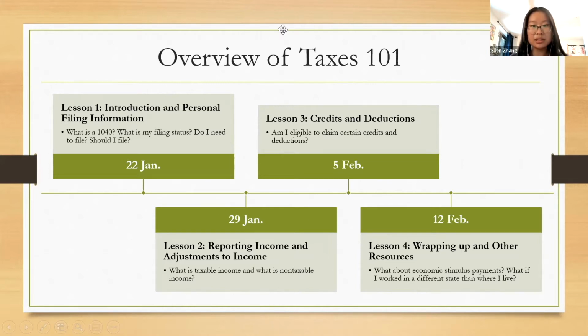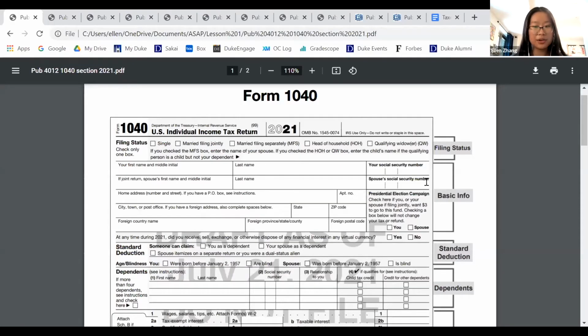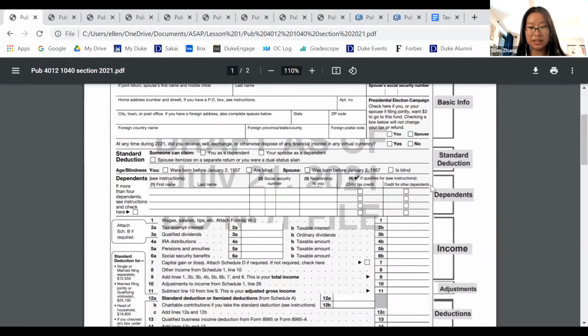Let me reshare my screen to a W-2 form. Sorry, not a W-2 form, our 1040. So we went over the basic 1040 last lesson. We talked about how this is the classic individual income tax return form. And we're going through basically all the parts of the 1040 here.